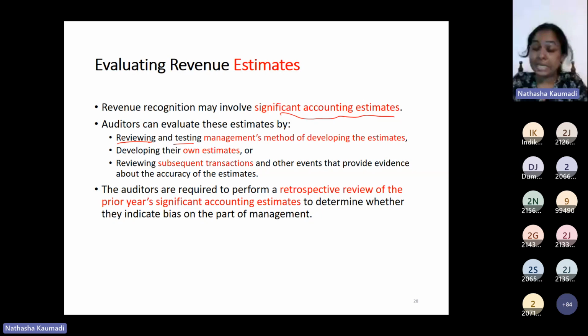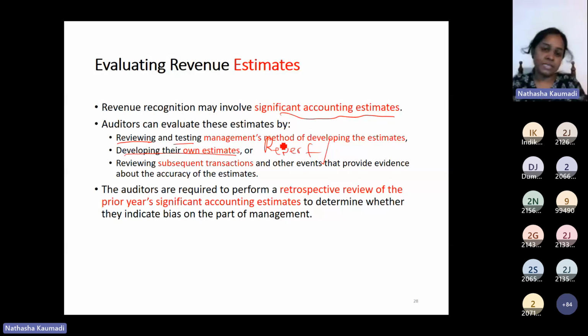Now, if you take ECL, expected credit loss computation, you can review and test what method management is using, whether it is appropriate or not. Next one, develop their own estimate, that is re-performance, or you can take it as recomputation as well. So as the auditor, you are computing it again.